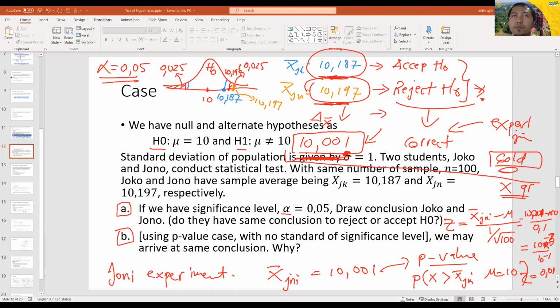And then we want the probability that z is greater than 0.01. Is that correct? Yes.